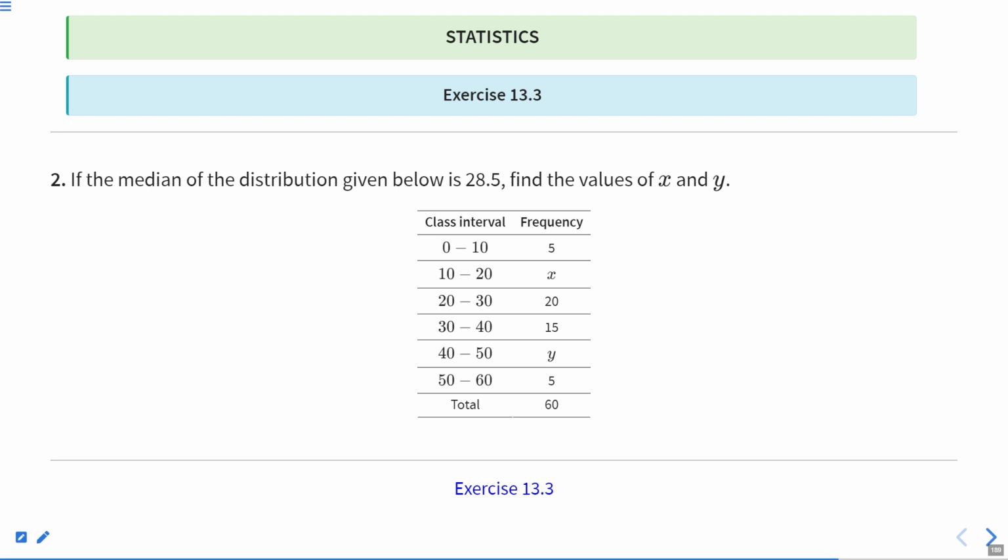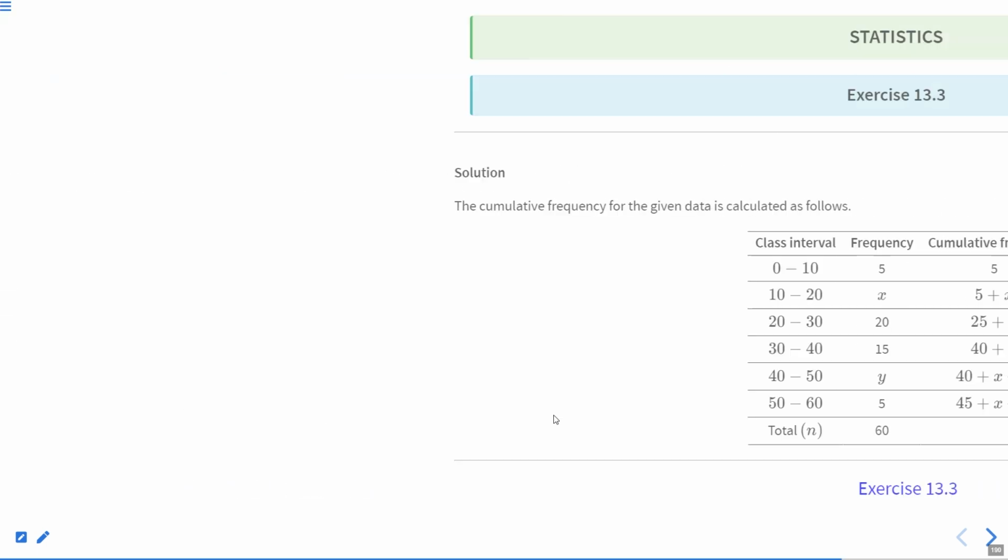For the class 10 to 20, the frequency is x. For the class 20 to 30, the frequency is 20, and for the class 30 to 40, the frequency is 15, and for the class interval 40 to 50, the frequency is y, and for the class 50 to 60, the frequency is 5. Okay, so the total of the frequencies is 60. This is given to us.